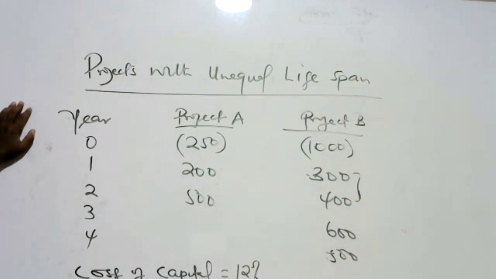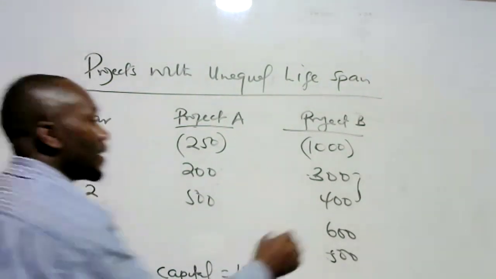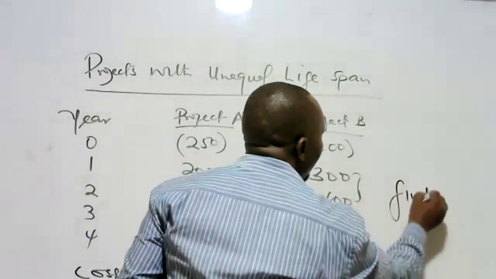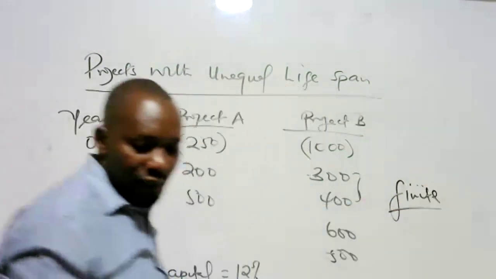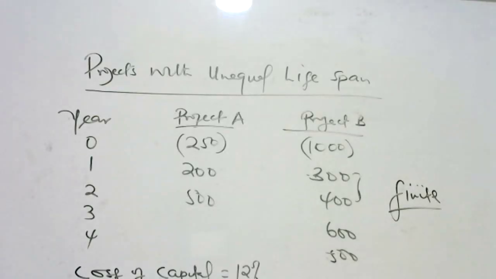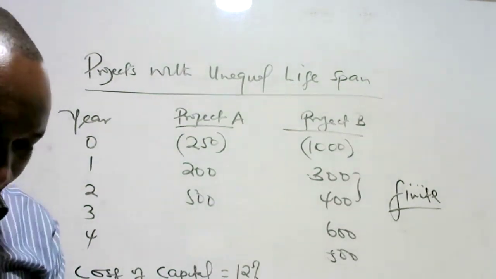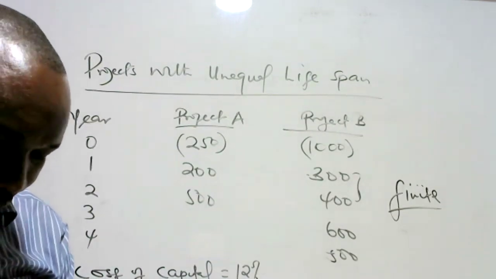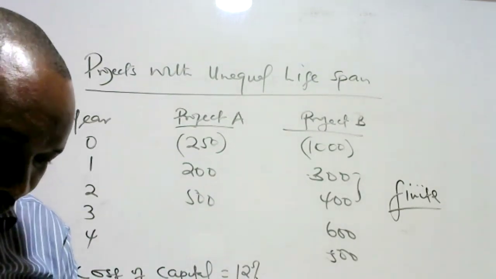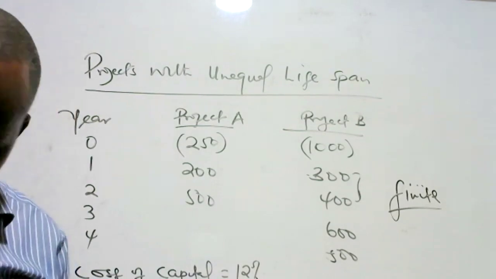Required: the net present value of each project using the constant scale finite period replication criteria. I hope that you're writing. The net present value of each project using the constant scale finite period replication criteria.